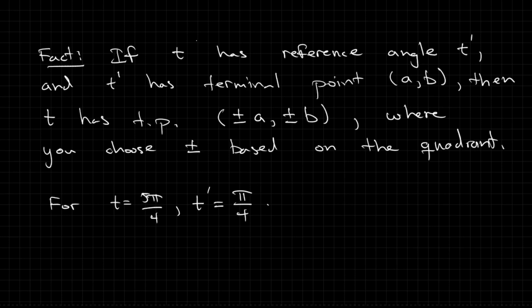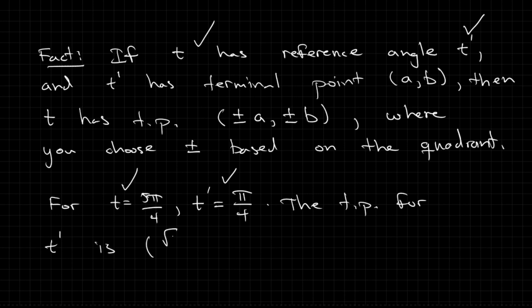So following along with our fact, t has reference angle t prime, and t prime has some terminal point that you know. In this case, the terminal point for the reference angle t prime is root 2 over 2, root 2 over 2. That's one of the points in the first quadrant that you'll have to know.